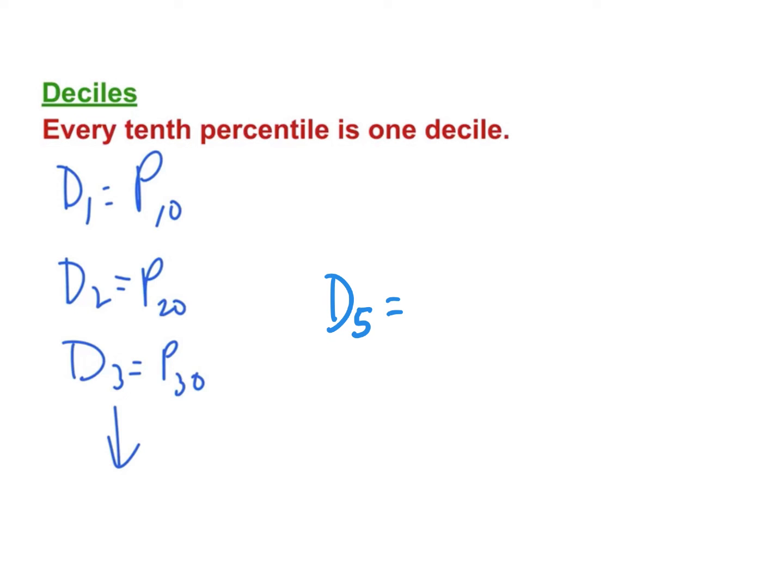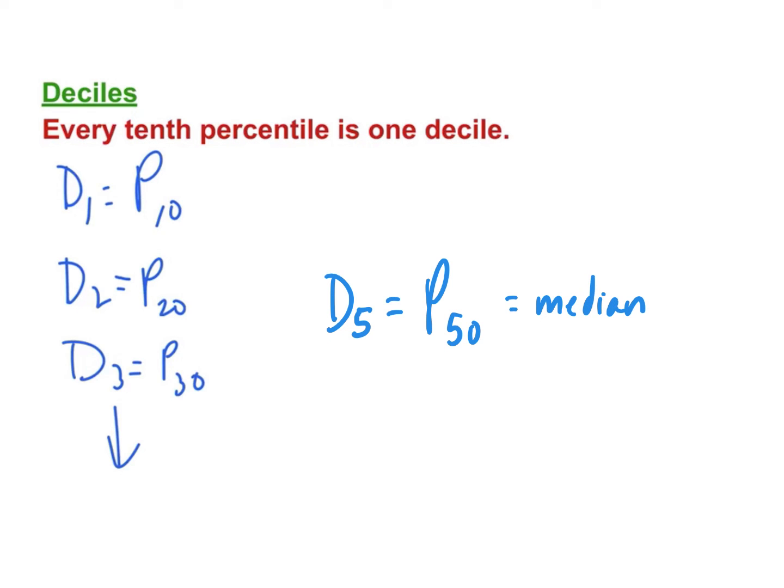D5 is what? In percentile? 50th percentile, right? What is the 50th percentile? When half is below and half is above, what do we call that? What? Say it louder. Median, correct. That is the median.